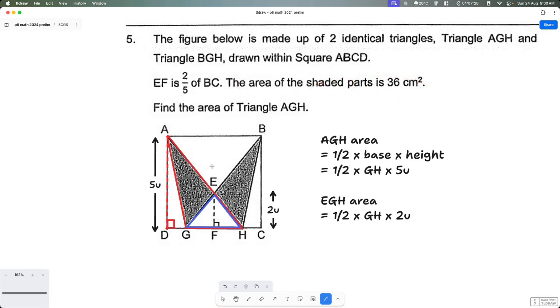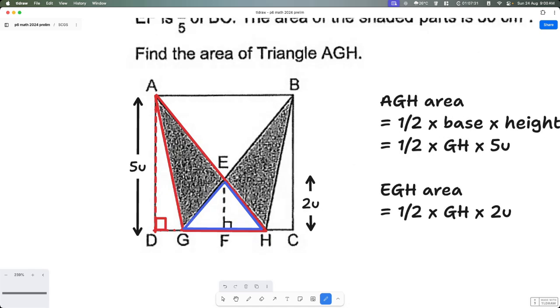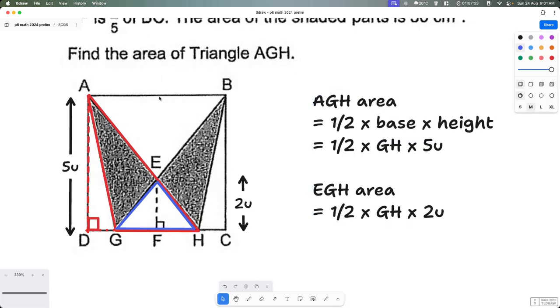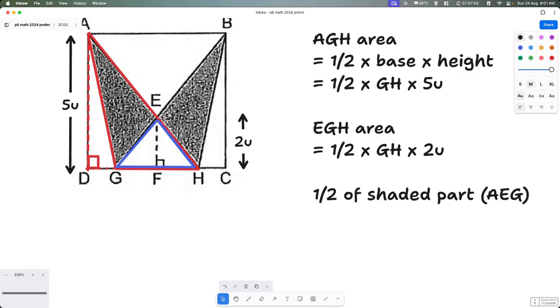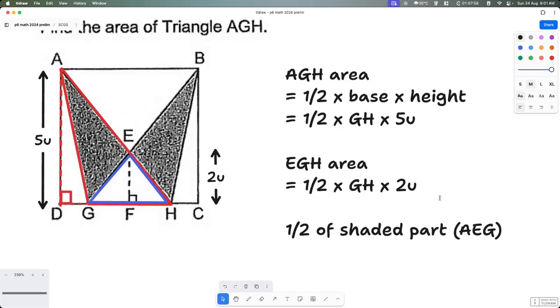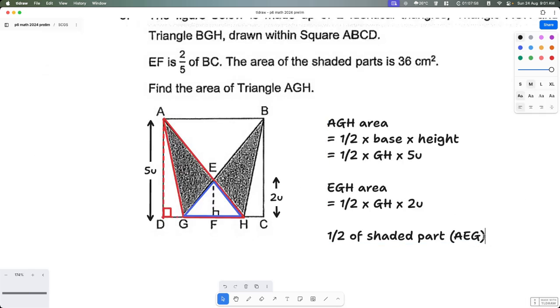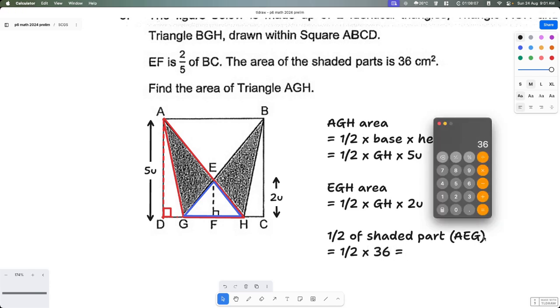I'm going to do a bit of a shortcut, because the area of this shaded part is just half of it. So half of the shaded part, which is AEG, is equal to half times 36, which is 36 divided by 2, 18.